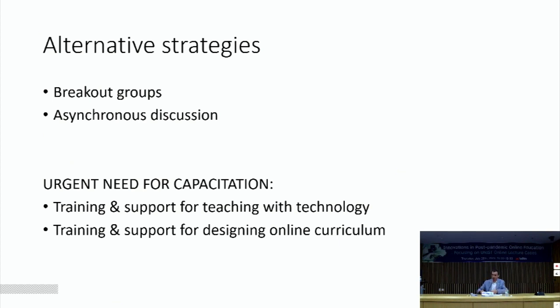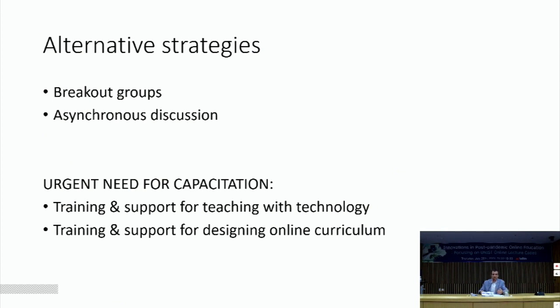Another possibility, which I know some professors use, is the asynchronous discussion, where students write a response on a bulletin board, and that's easier to grade. You can keep track of who participated, everyone can participate, and you can grade it on a rubric. So these are some of the strategies I'm considering.